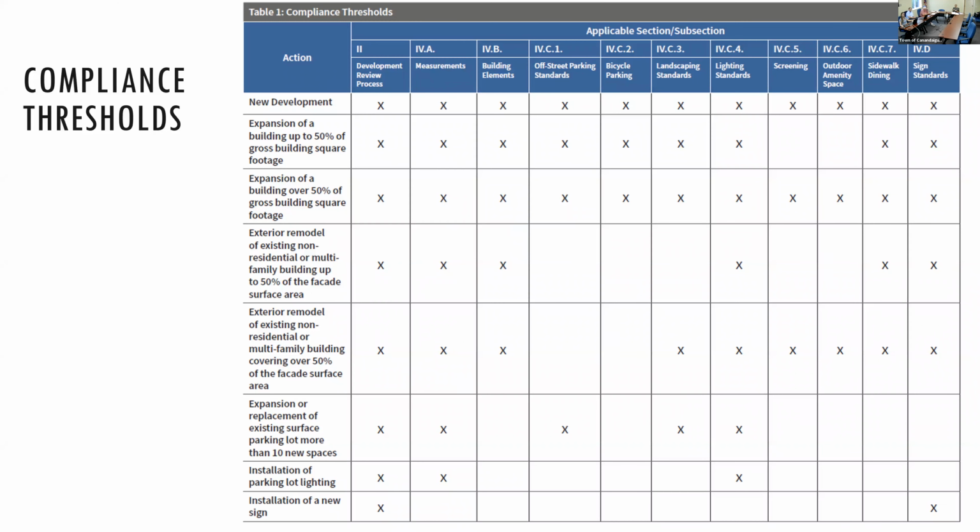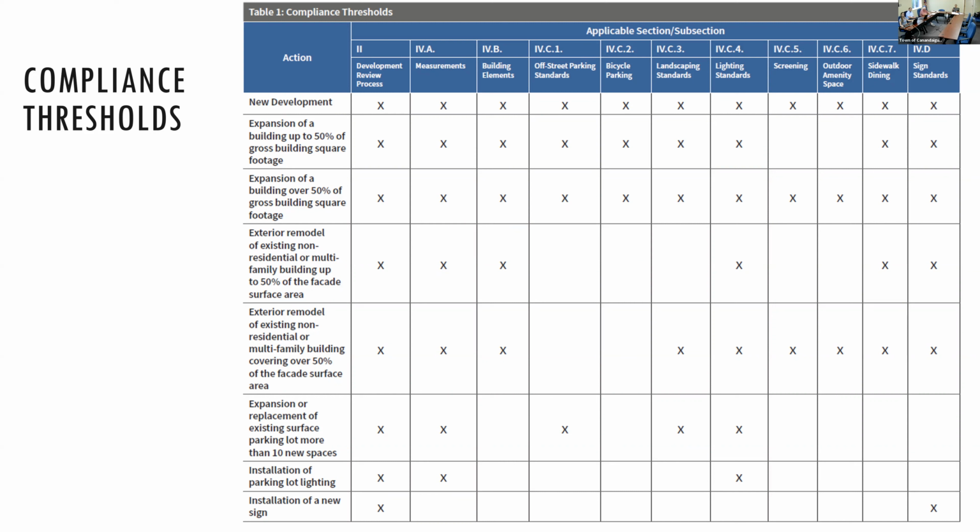All of those trigger activities are noted in the left-hand column, and all of the key regulations, numbered in accordance with how they are numbered within the form-based code itself, are listed in the other columns. If there's an X in that column, it means that project is required to conform with that section of the form-based code.